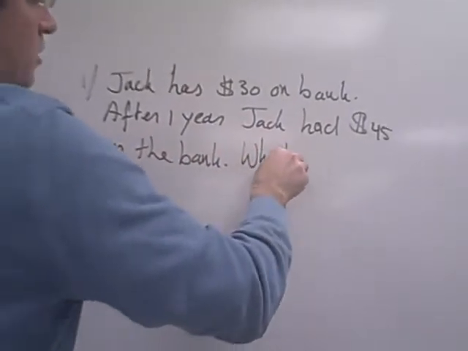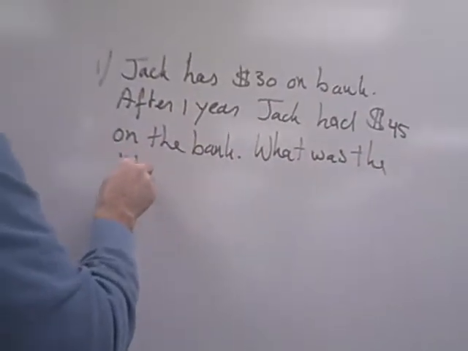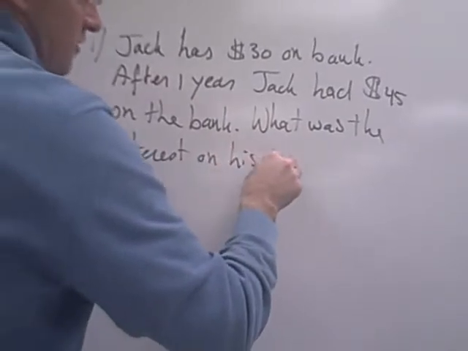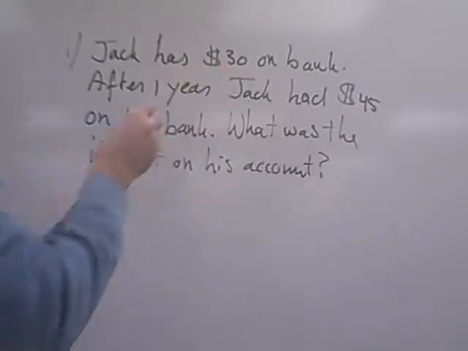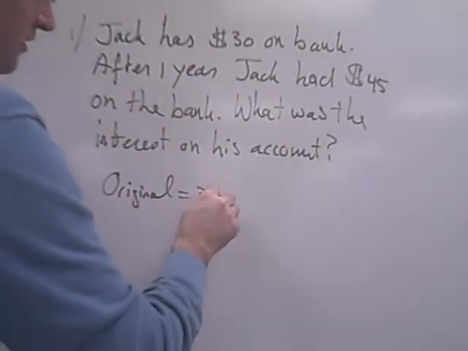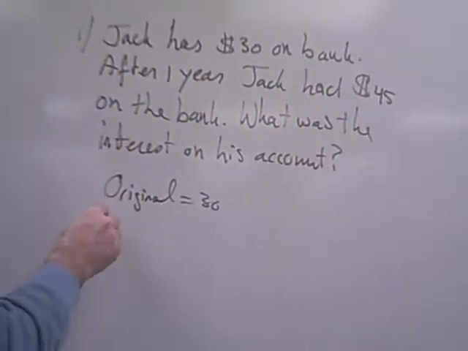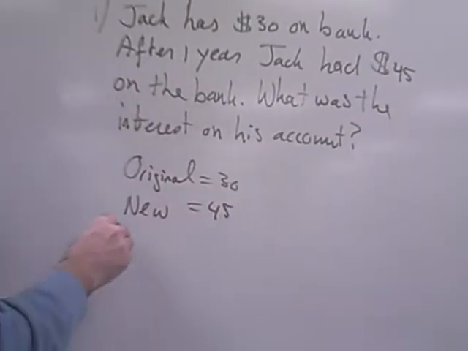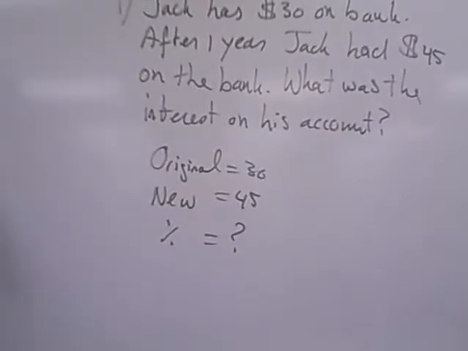What was the interest on his account? In this case, I'm given the original amount, that's 30. I'm given the amount after the application of the percent increase, that's the new amount, which is 45. And I want to know what the percentage is. What was the percent increase?